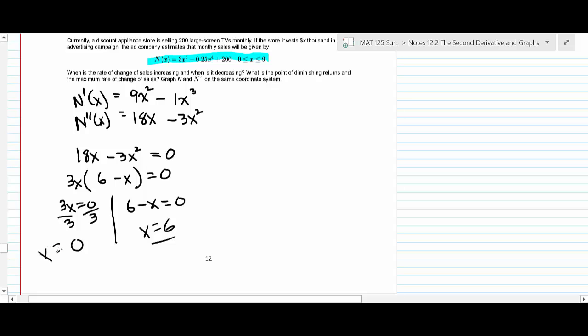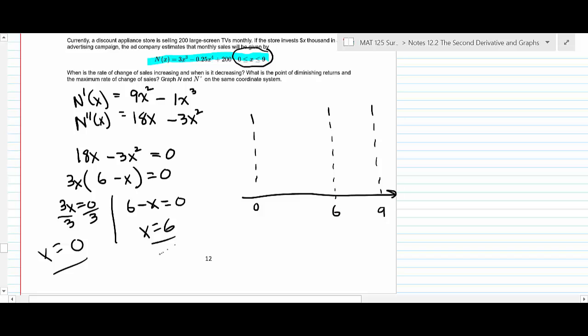So those would be the two places where the second derivative is equal to 0. Now in this problem, they've given you a domain for x, which is the investment in thousands of dollars, going really from $0 to $9,000 for your ad campaign. So if you did a sign chart, you would go from 0 all the way up to 9, and you would have this critical number right here.